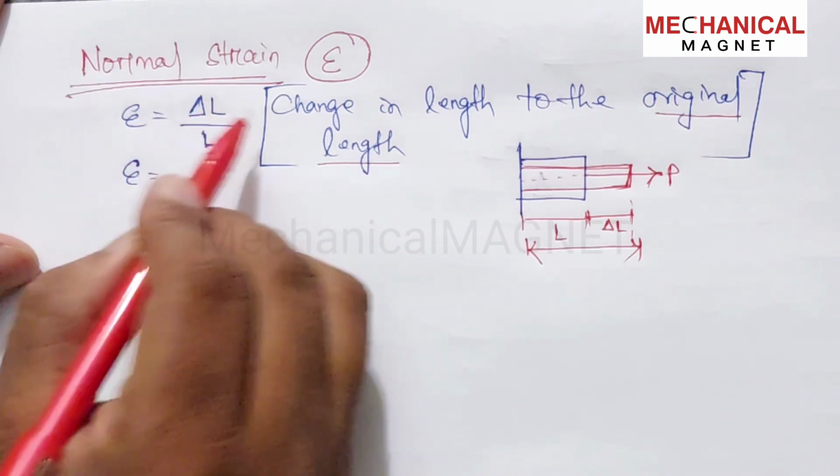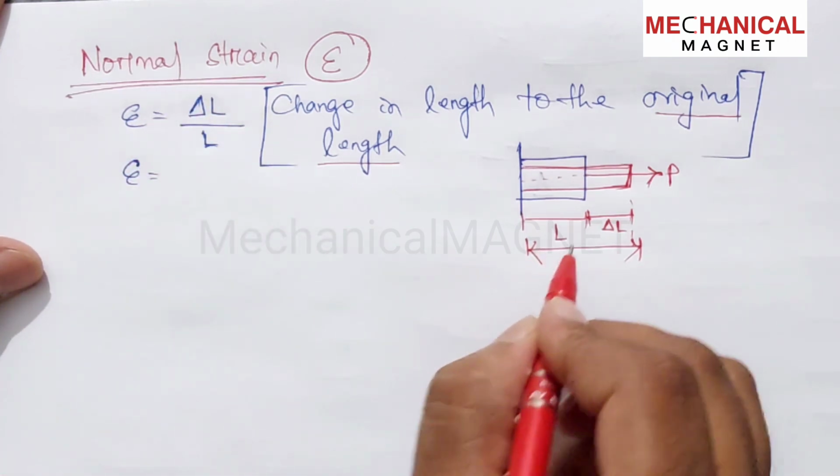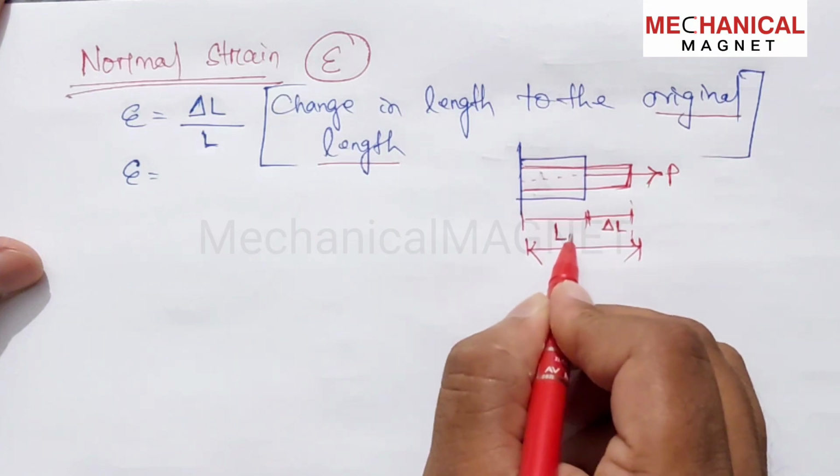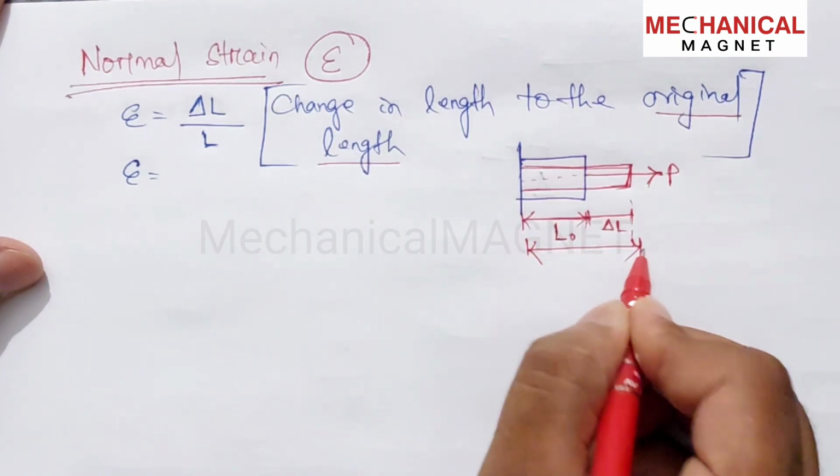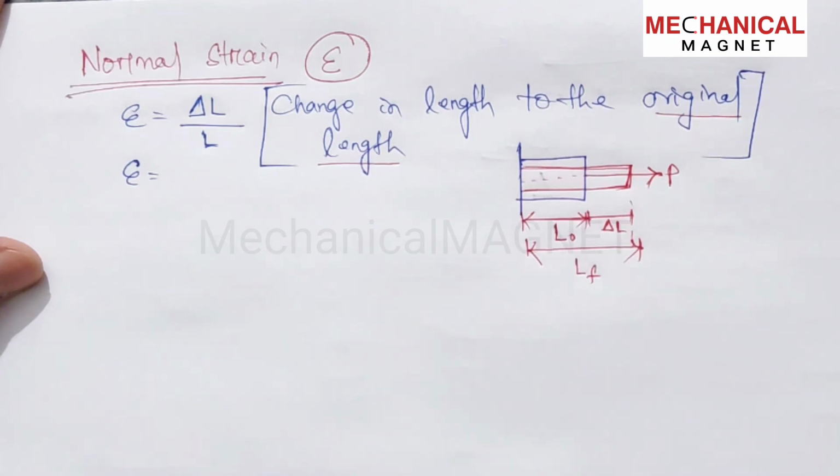So how do we find delta L? This is L, the original length, and from here to here is the final length, LF.